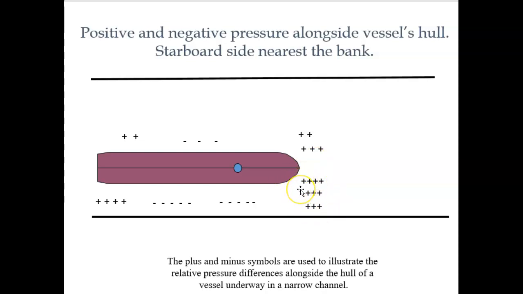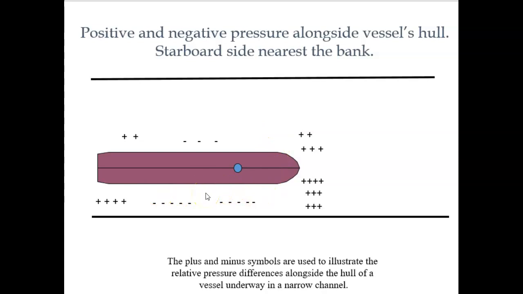The bow wave on the starboard side is going to be bigger because of this constrained area between the hull and this sidewall of the channel. That bow wave is actually going to appear to a casual observer, who maybe was standing here looking at it, to be bigger. There's going to be more cushion there. There's the bank cushion right there. It's bigger than the cushion, the bow wave on the port side, because there's more area for this to spread out.